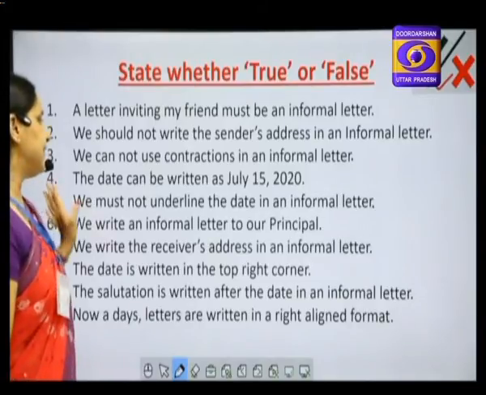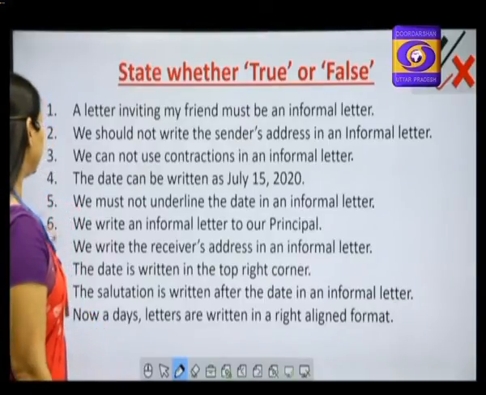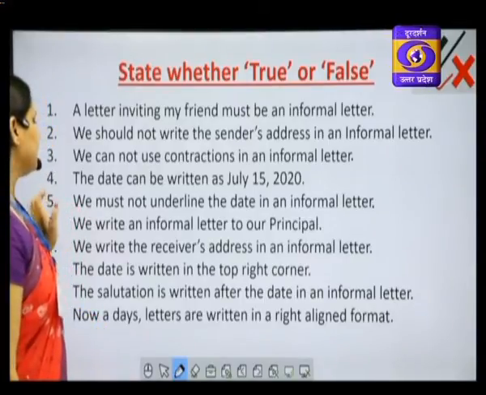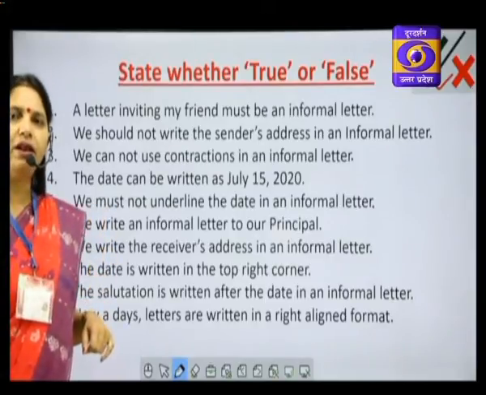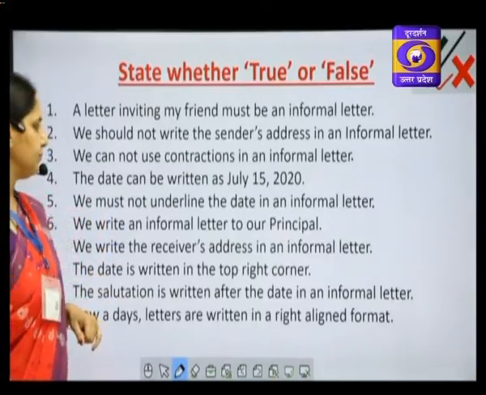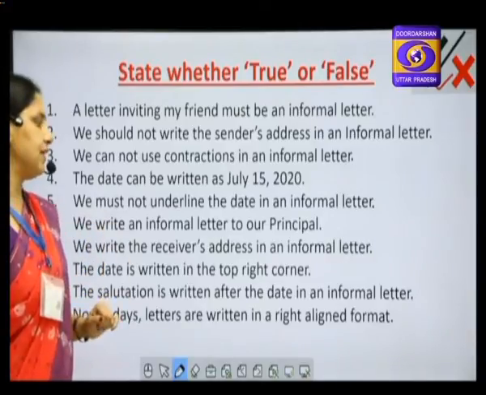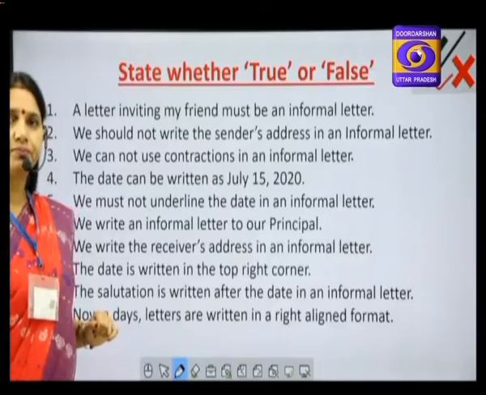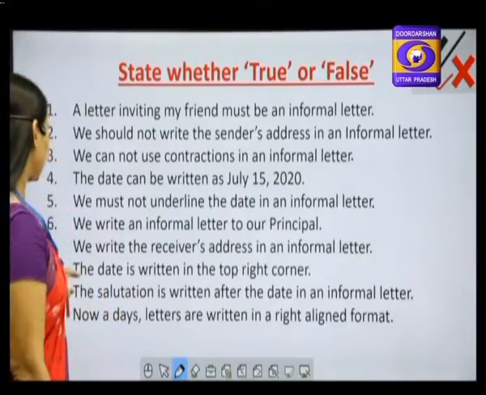Fourth is, the date can be written as July 15, 2020. Fifth is, we must not underline the date in an informal letter. Sixth is, we write an informal letter to our principal. Now keep in mind your relationship with your principal, then answer the question.